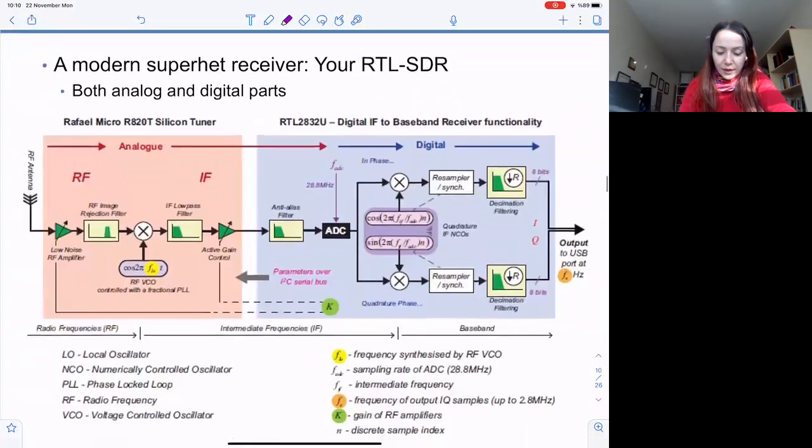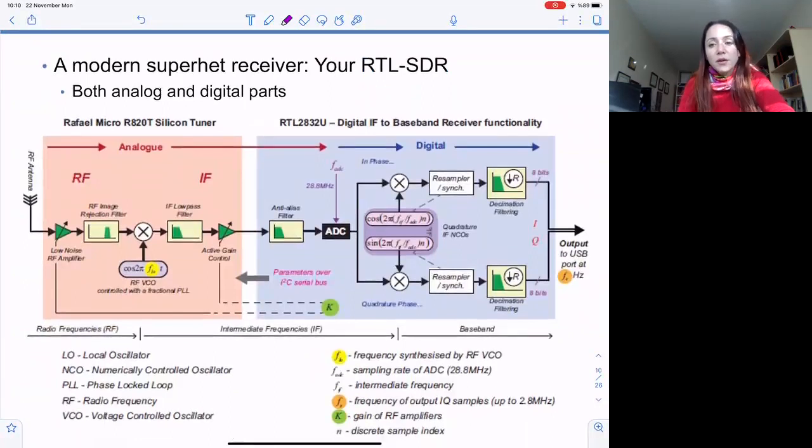Now, your RTL-SDR, as you know, is a modern superhet receiver with analog and digital parts. It is operating at IF frequency equal to 0. The analog front end has a low noise RF amplifier with an image rejection filter. So it is built in 2 stages, RF amplifier plus filter.